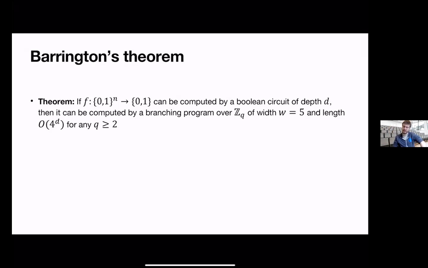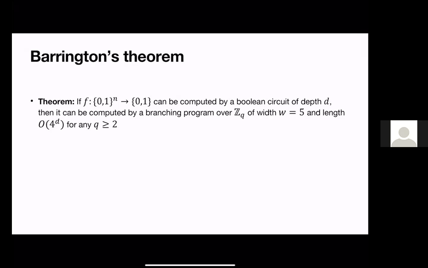Okay, so if I'm starting with a circuit of depth d, I'm gonna get a branching program of depth exponential in d. Is this horrible? I mean, it's about the same amount of operations, right?